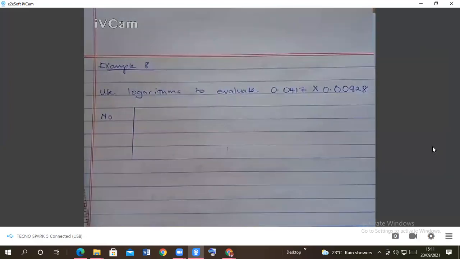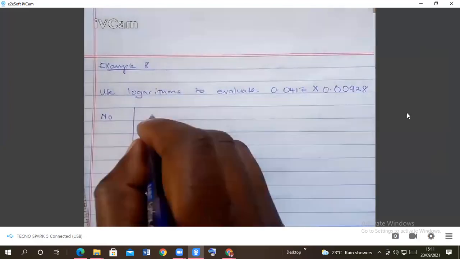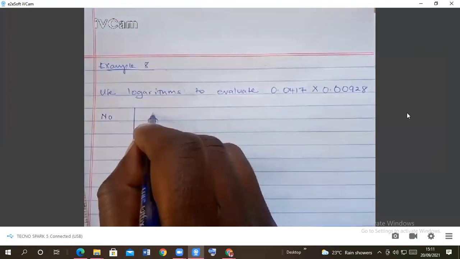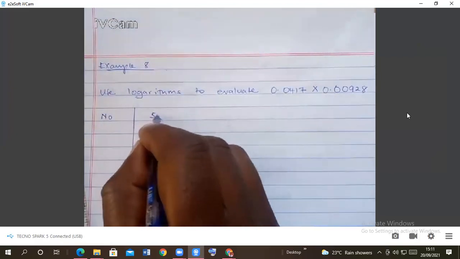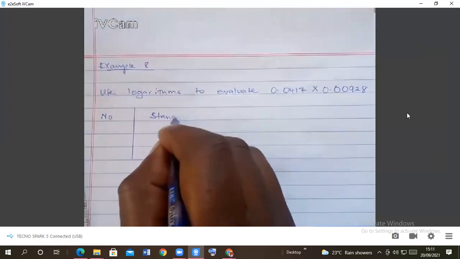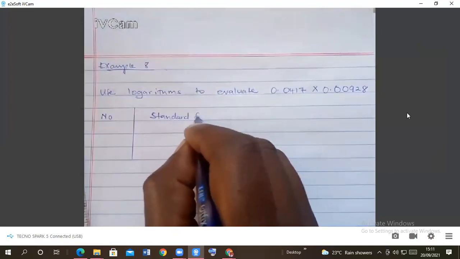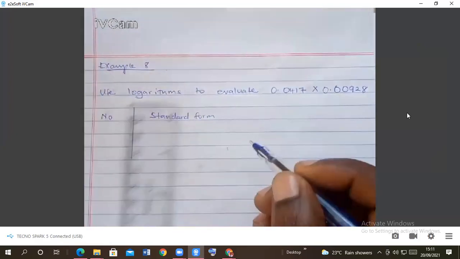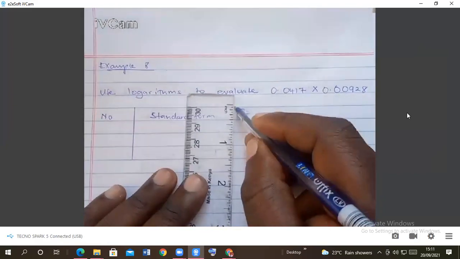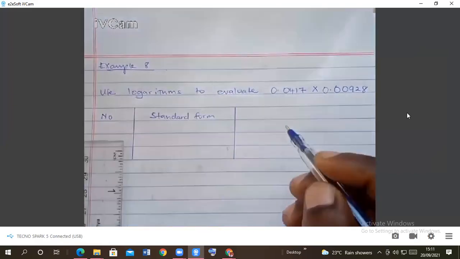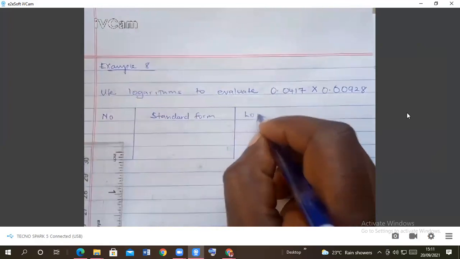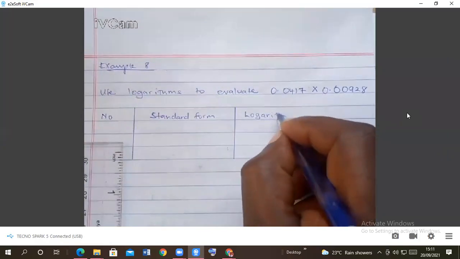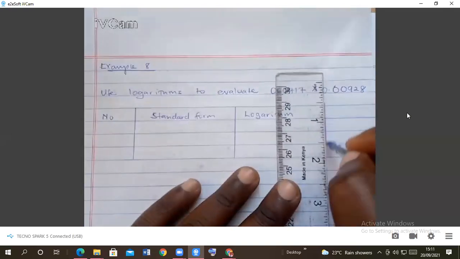The second column? Standard form. Then the next one we have logarithm.